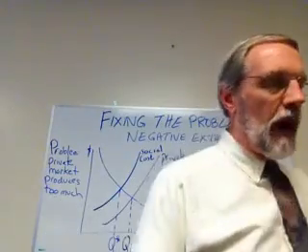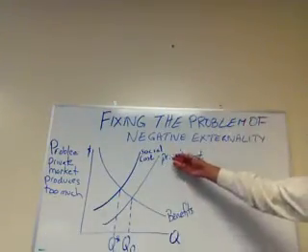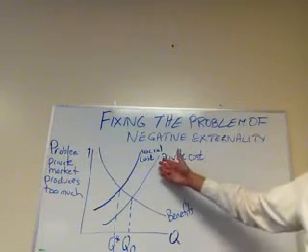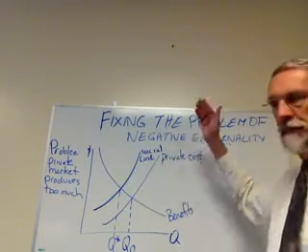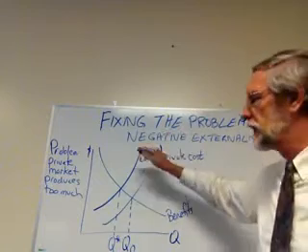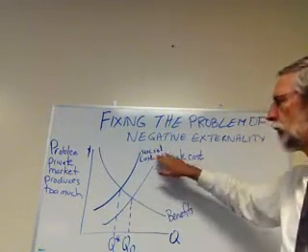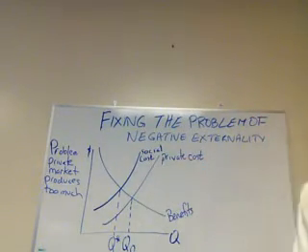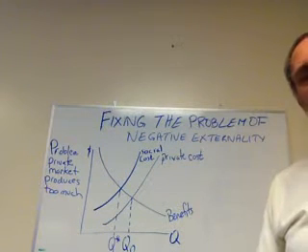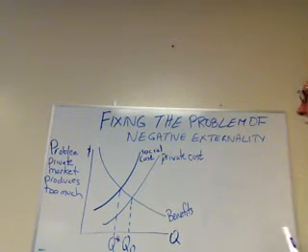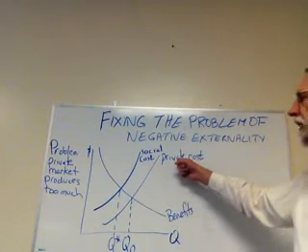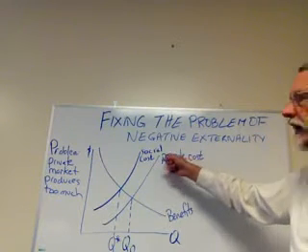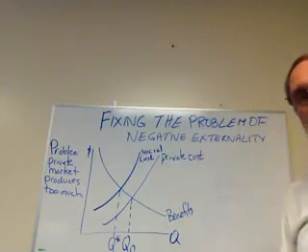And again, remember the problem. The problem is that the business or the person undertaking this action is not bearing all of the costs to society. The social cost is greater than the private cost. And that suggests the solution. The general solution is that we want to somehow make this private cost be equal to the social cost.